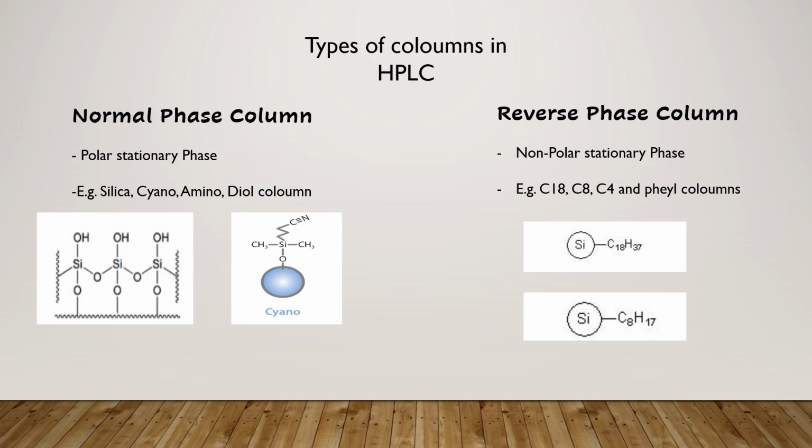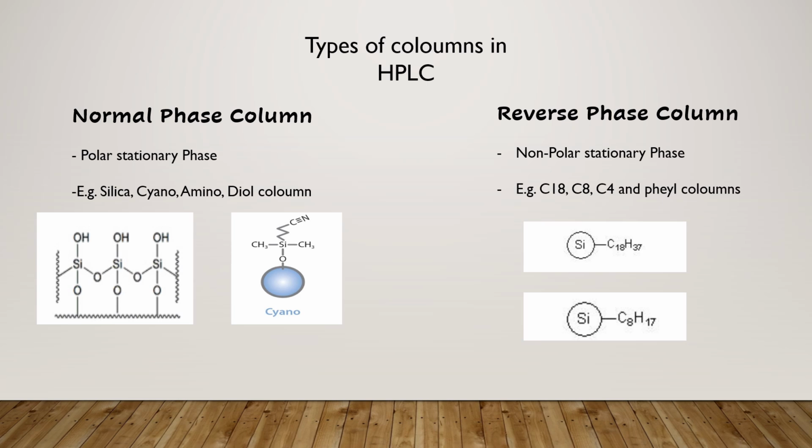Now what happened is silica was originally polar in nature, and because of that the elution of polar analytes was taking a long time from that column. So what scientists did was change the nature of silica by attaching a carbon chain to it.